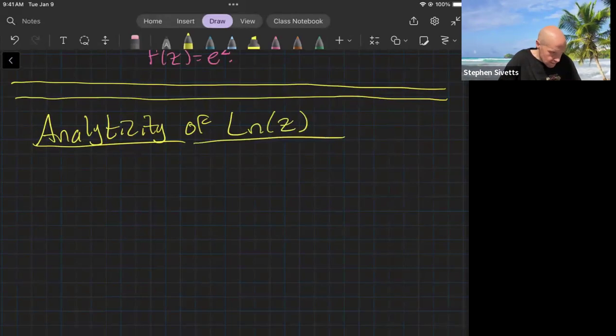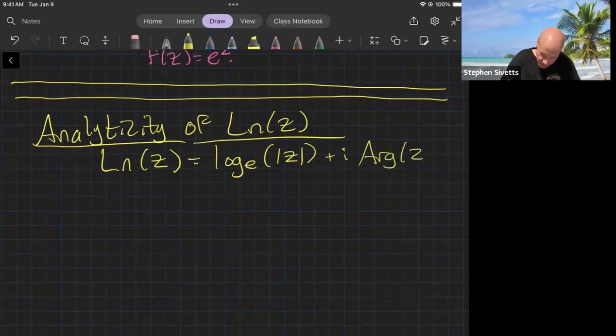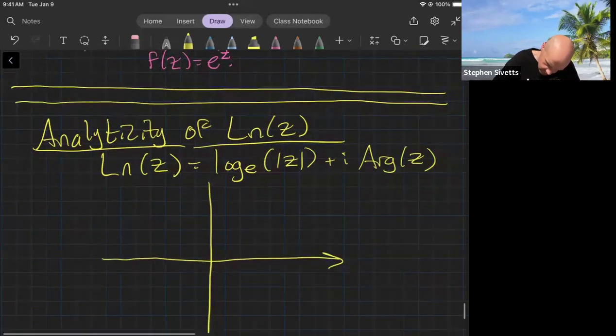By definition, let me write out the capital natural log of z here real quick, plus i times the principal argument of z, right? So here is the complex plane, right?